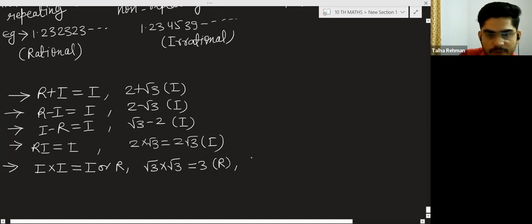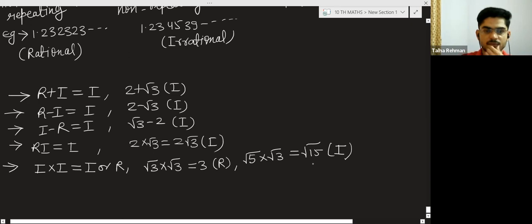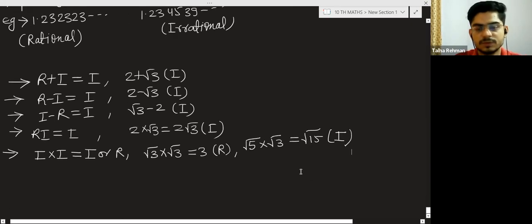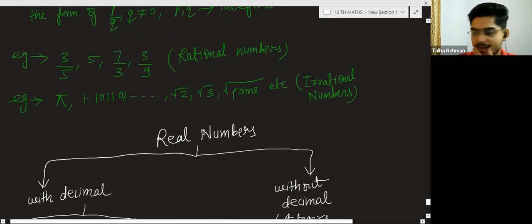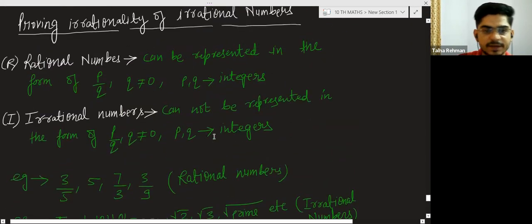But when you are multiplying root 5 with root 3, then this will become root 15 and root 15 is irrational.